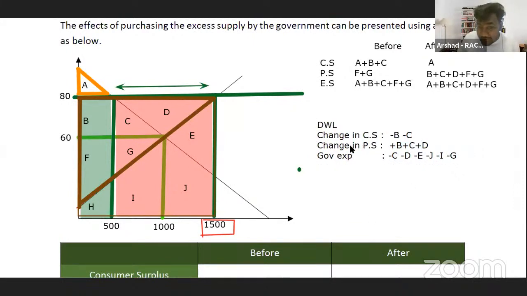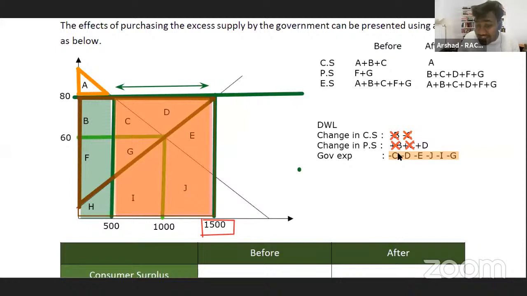Look here very carefully, guys. Consumer is giving up C, minus C. Producer is getting the C. Fine, not lost. Consumer is giving up B, producer is getting that B. Minus B plus B, fine.